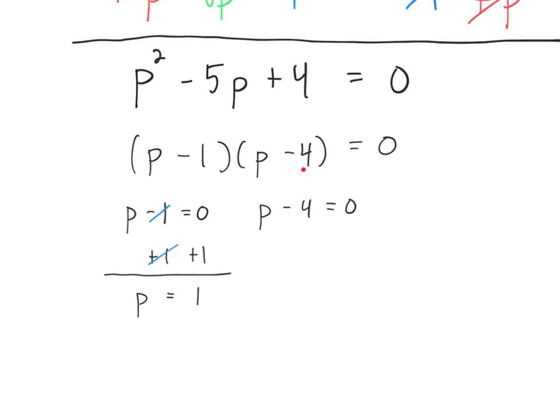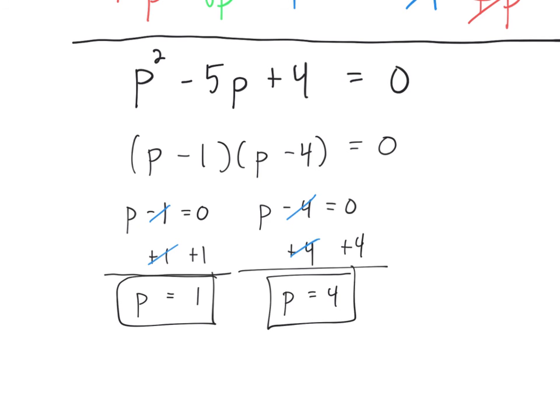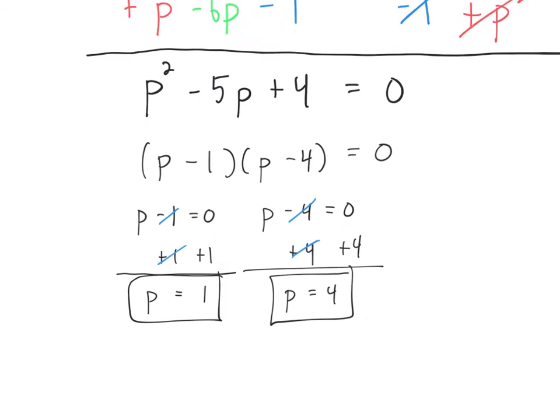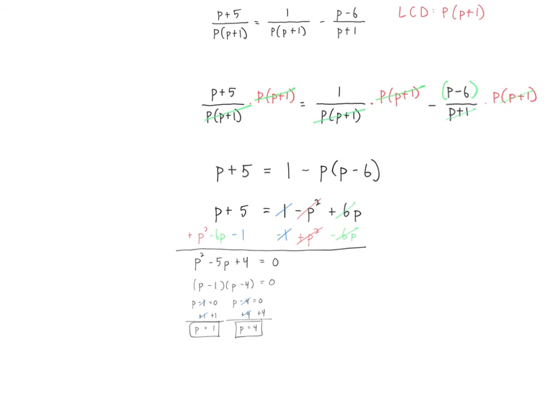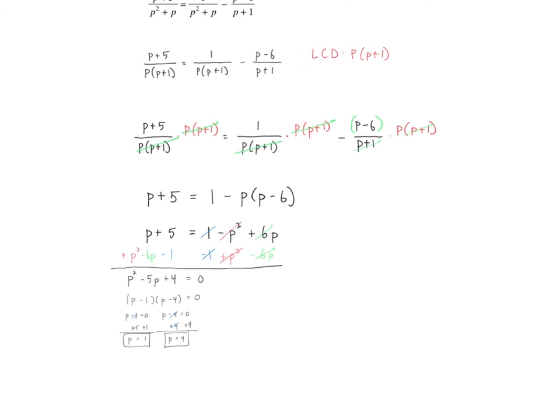That's why the next one, the answer is going to be p equals 4, since that's opposite of negative 4. Okay, and then this has two answers to it. So some of them have more than one answer. And that's what this one does.